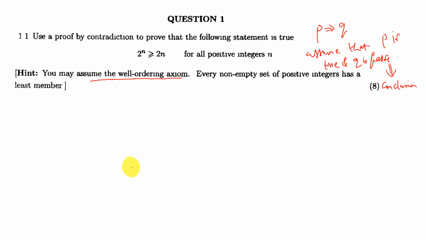So we're going to say here, for all positive integers n, in other words, if P then Q.